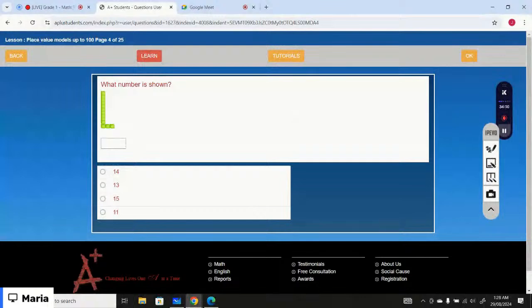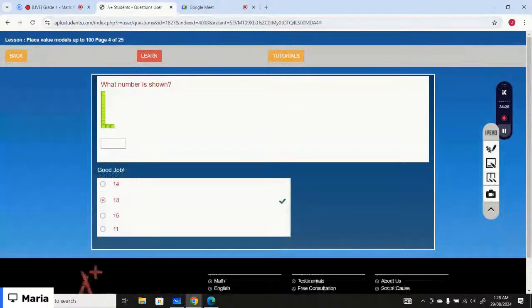So which is the correct option? 1 ten and 3 ones. So that makes 13. Option number 2 is the correct option.